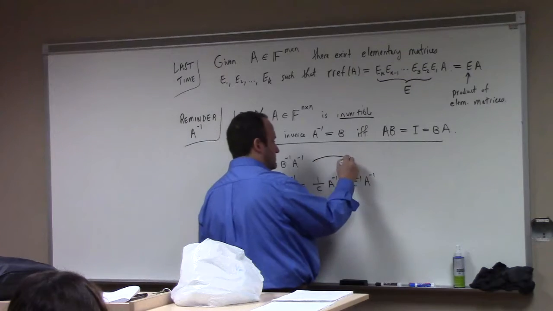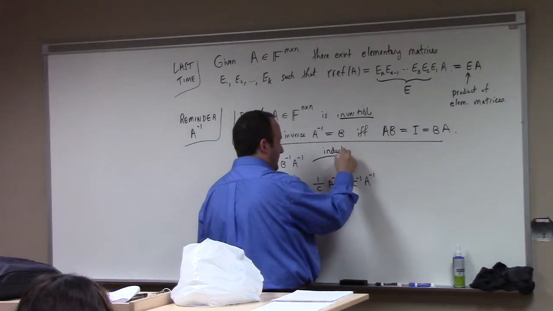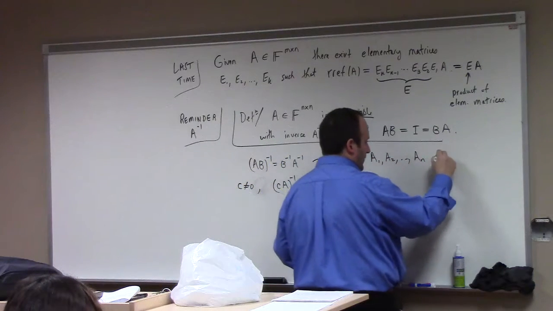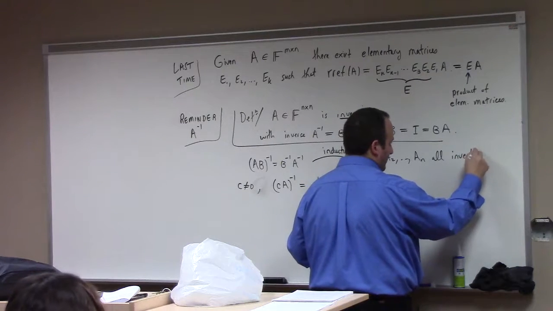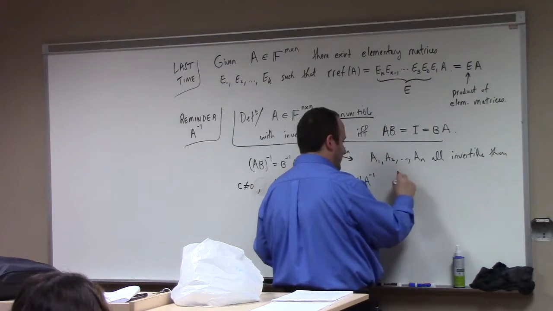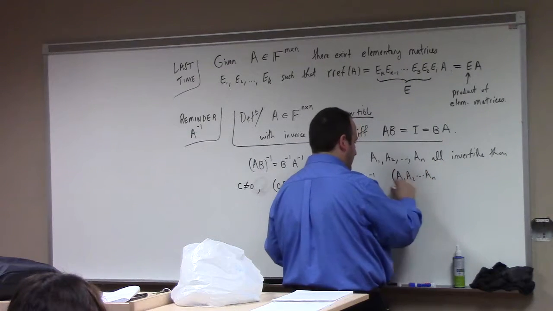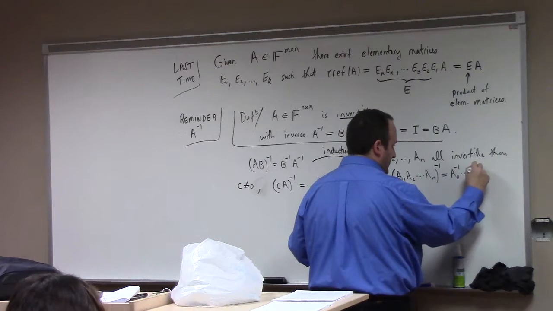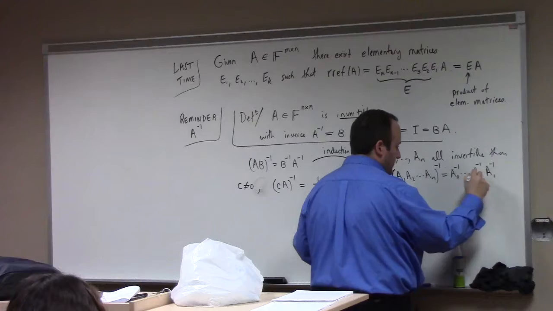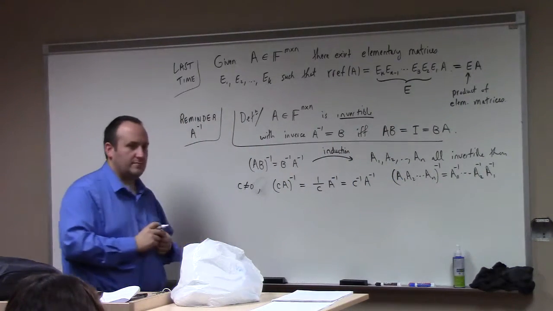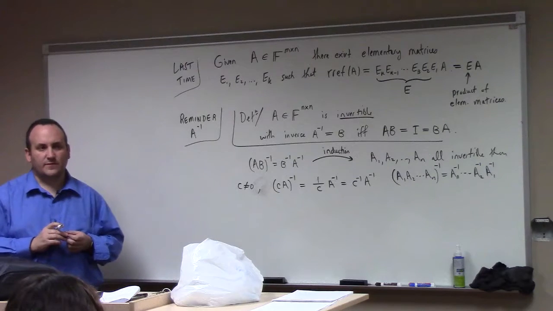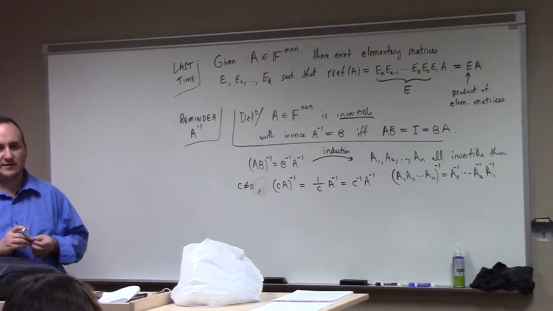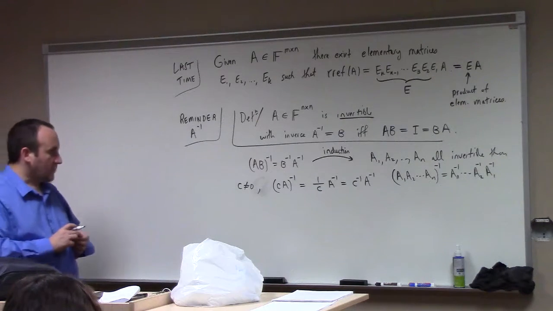By induction, we could prove that if we have A1, A2, ..., An, all invertible, then the inverse of their product A1 A2 ... An is equal to An inverse, ..., A2 inverse, A1 inverse. We could prove that with an induction argument. I proved a similar theorem for the transpose of a bunch of matrices multiplied, so the induction here is nearly identical to that. These are things we know.